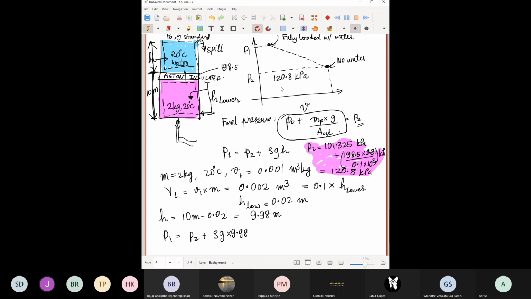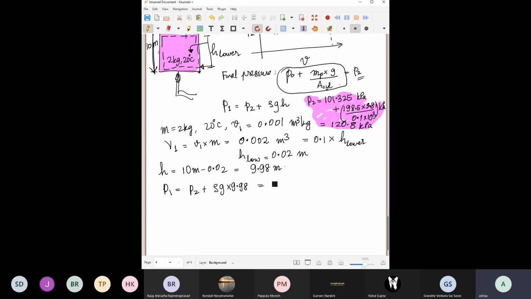Now, what is P1? It will be 120.8 plus rho G into 9.98 divided by 1000. The 1000 is coming because we want to write it as kilopascal, no other reason.